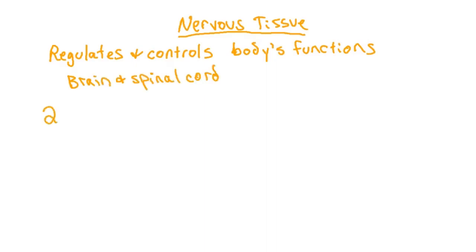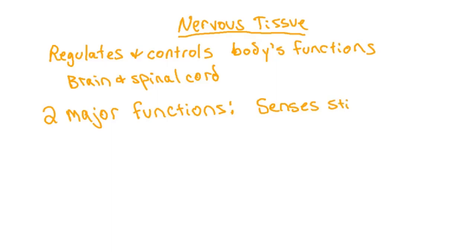It has two major functions that you can articulate. One, it senses stimuli. So it senses if you put your hand on a hot stove, it senses the fact that that's too hot.